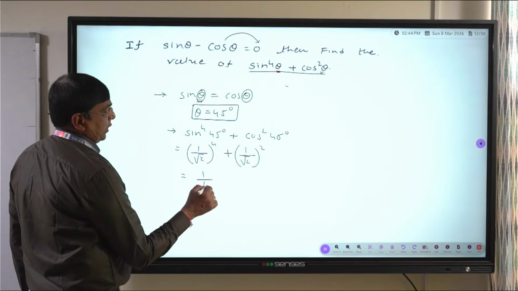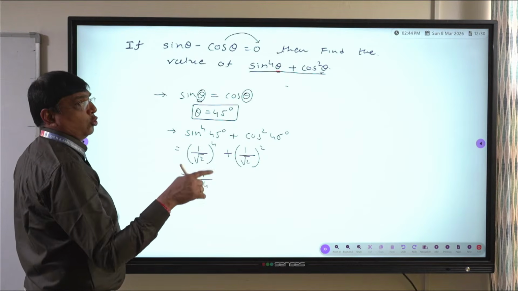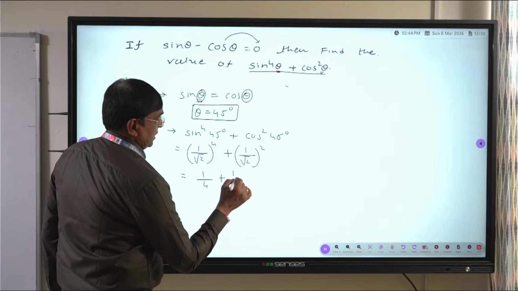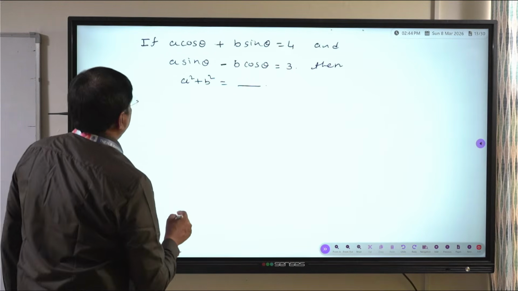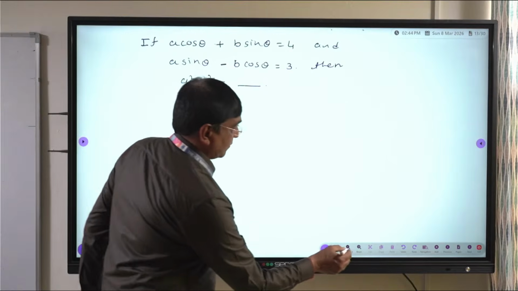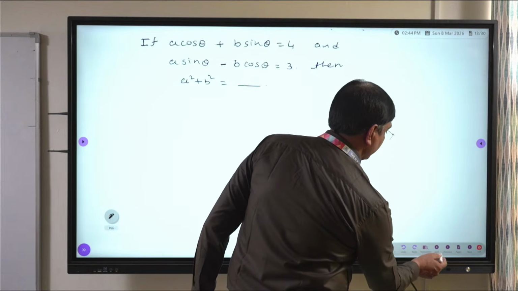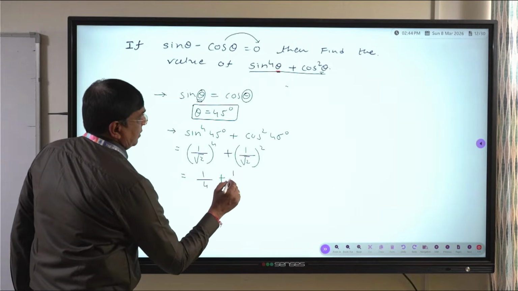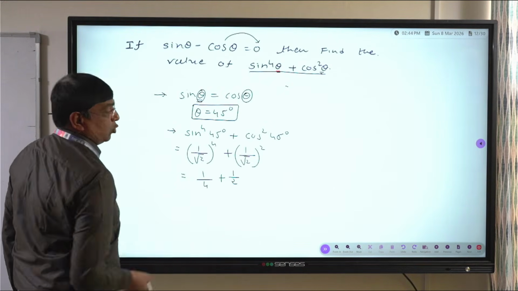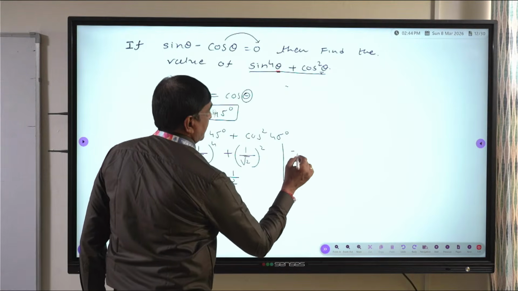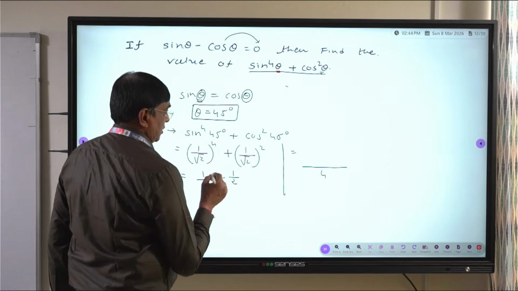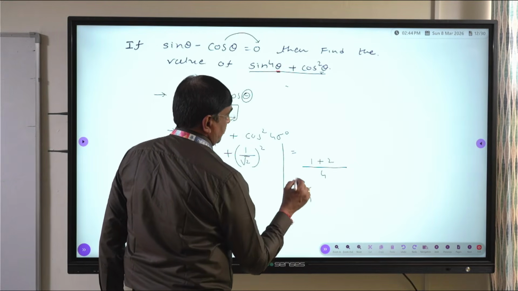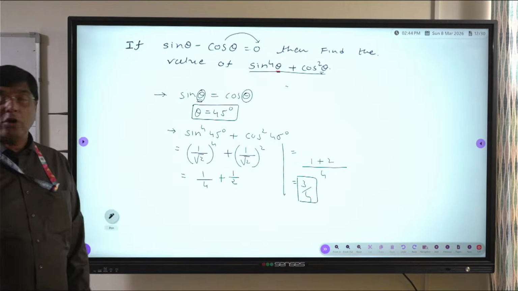Root 2 raised to 4 is 4. Root 2, root 2, root 2, root 2, 4 times. Plus 1 square 1 and root 2 square is 2. LCM becomes 4. So 1 plus 2, your answer is 3 by 4. Is a 1 marker or 2 marker question.